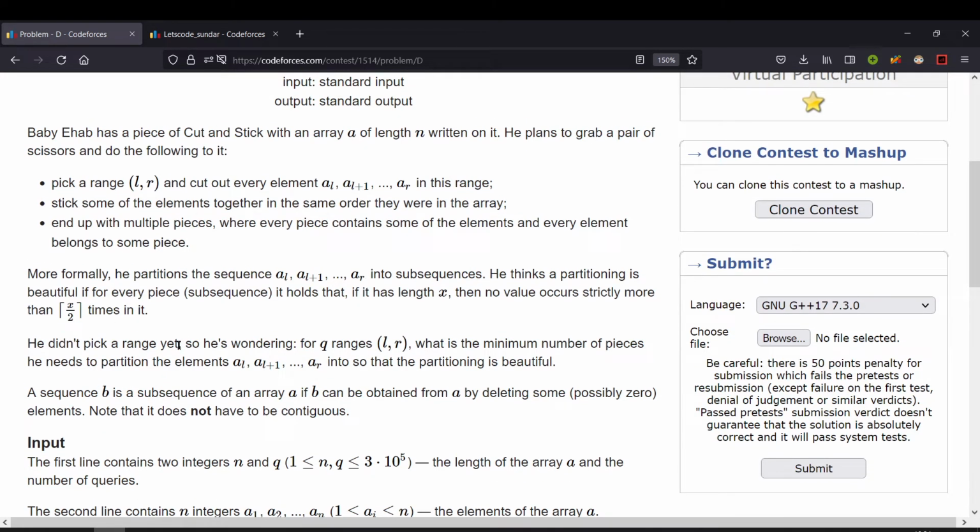He didn't pick a range yet, so he's wondering for Q queries what's the minimum number of pieces he needs to partition the elements into so the partitioning is beautiful.